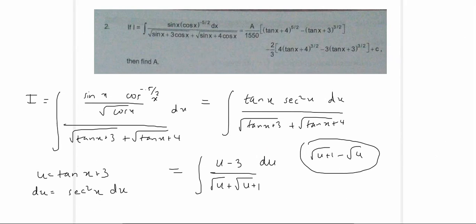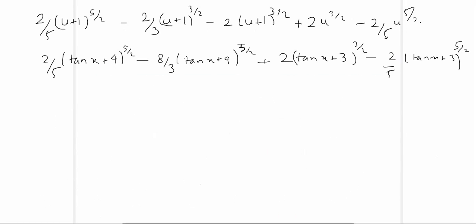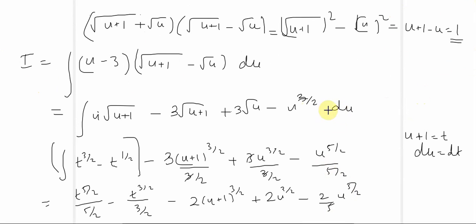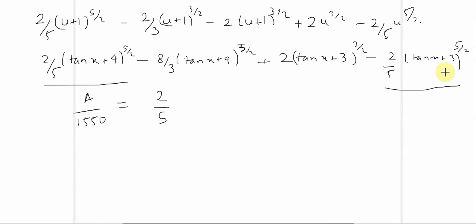So by comparing the terms, a by 1550 is equal to 2 by 5, the coefficients of these terms. And I think this is 5 by 2 here. Did we make some mistake? Let me check. The last term, right? Yeah, it was u power 3 by 2 and it got integrated to 5 by 2. Yeah, I think that part is a typo.